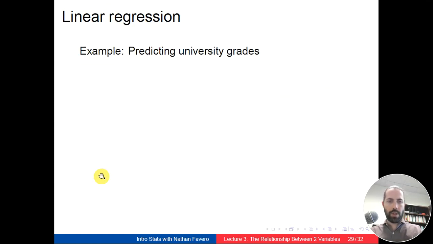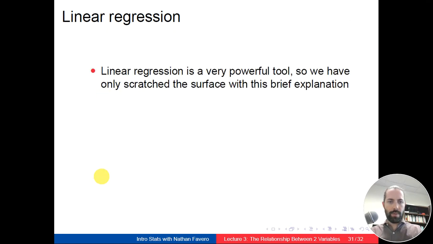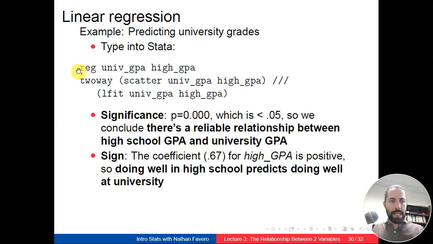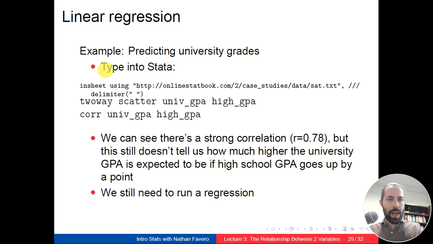And let me show you just an example of what that actual interpretation is going to look like. Here you can see that this is the code to run a regression in Stata, but we need to actually copy that and paste this into Stata, which we'll do in just a moment in part 3 of this lecture.